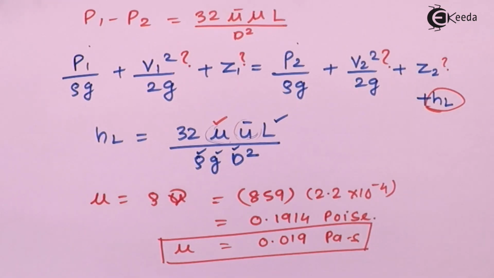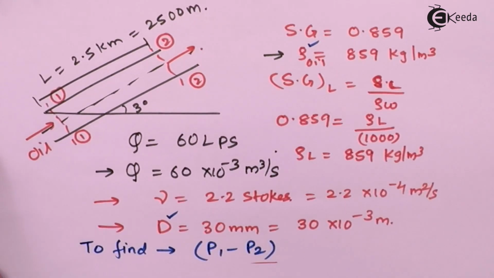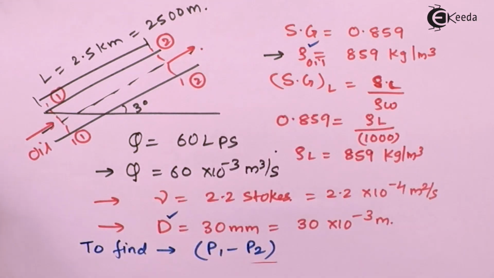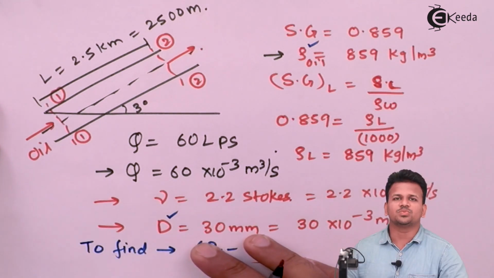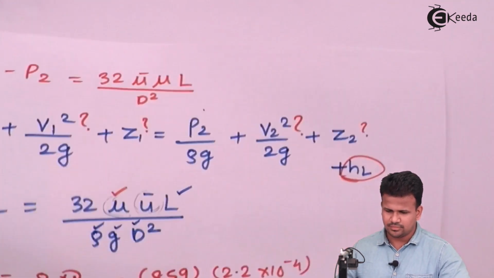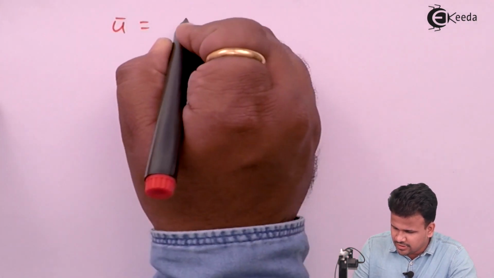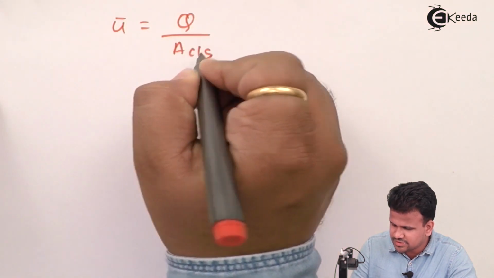Now in this entire part, if you can see over here, the diameter at section 1 and diameter at section 2 are the same because the diameter is given to you as 30 mm. So now let us calculate the average velocity. The average velocity u bar will be equal to Q upon area of cross section.